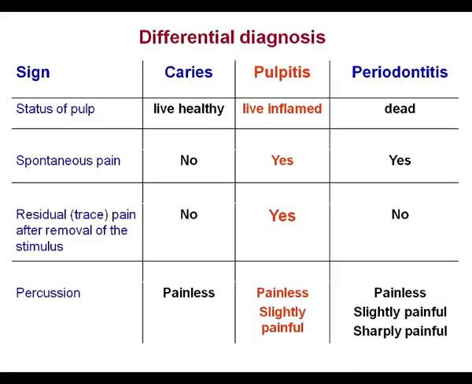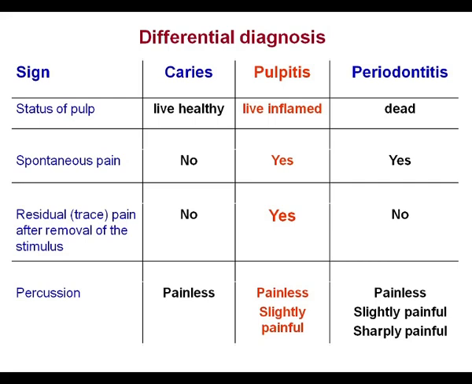And according to these characteristics, there are tables which help to differentiate some nosologies, for example, caries, pulpitis, and periodontitis, according to some points, like status of the pulp. In caries, it's live and healthy.